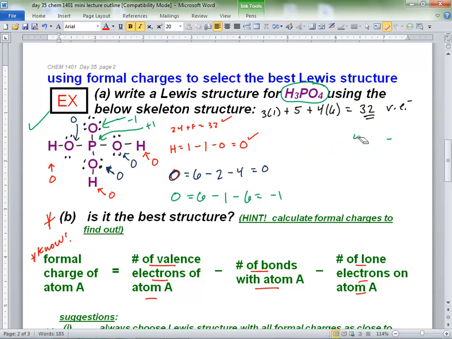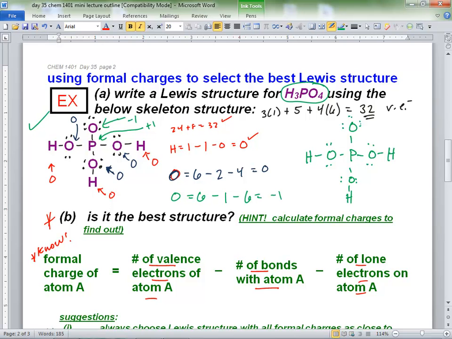Let's redraw our structure here. See if we can improve it. Okay, and what do we have? We had them all connected. We had octets on everything.